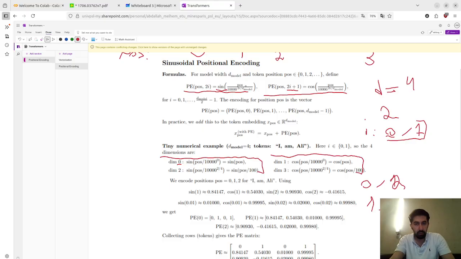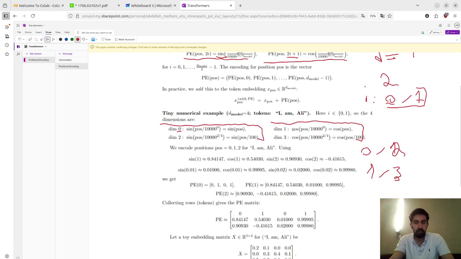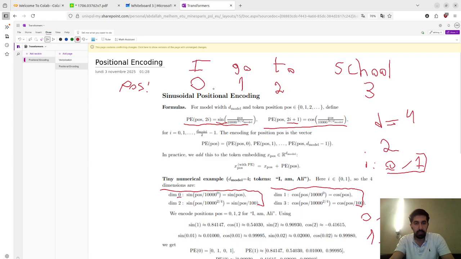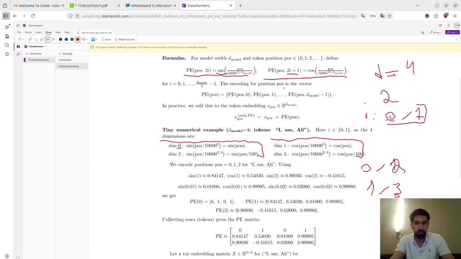We substitute the formula of the even with i equal to 0. We get sine of pos and sine of pos over 100. Then for the odd, which are 1 and 3, we substitute the values of i of 0 and 1. We get cosine of pos and cosine of pos over 100. And finally, here are your 4 positions, 0, 1, 2, and 3.